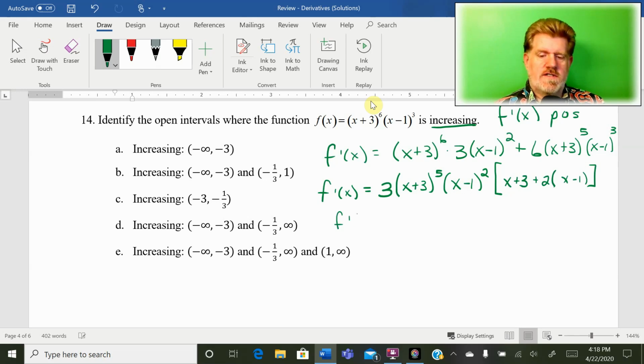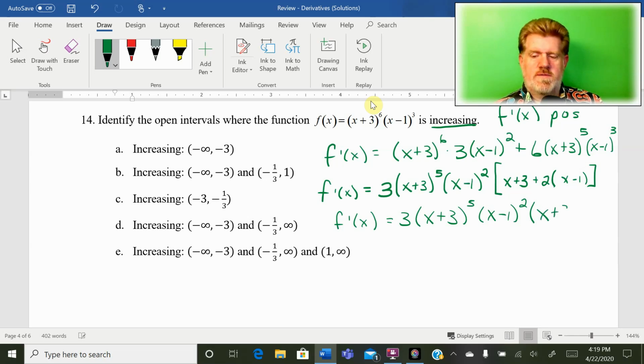So I've got this. I've got 3, got (x plus 3) to the 5th, got (x minus 1) squared, and this is going to be x plus 3 plus 2x minus 2. So it's going to be 3x plus 1.